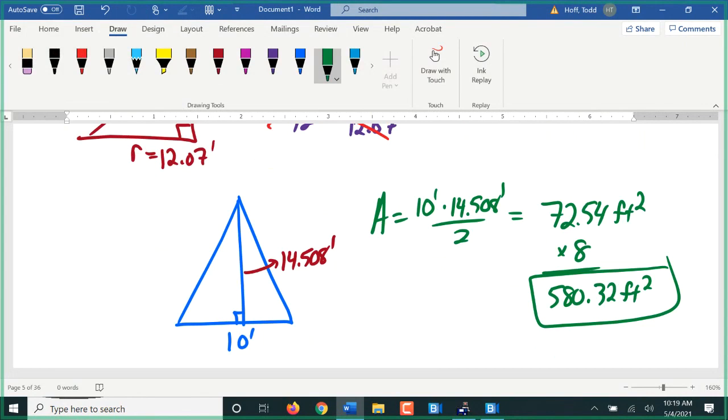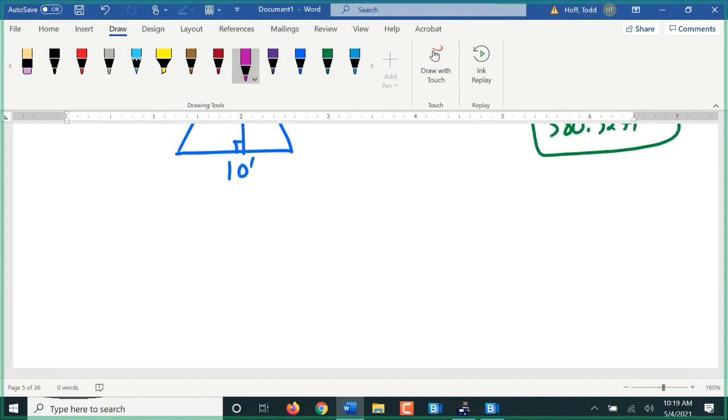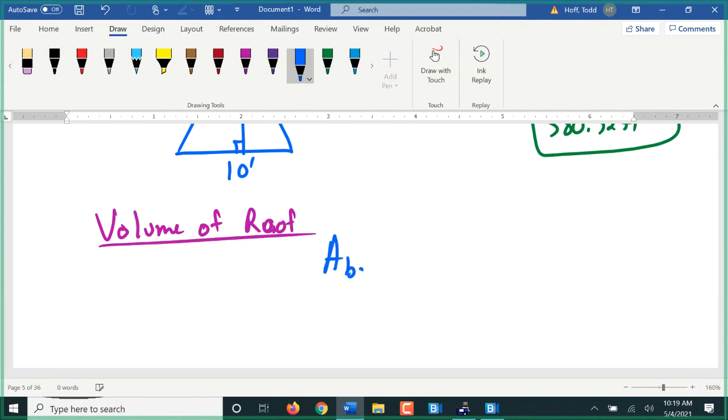Finding the volume of that roof would now be a little bit trickier. It is just a pyramid. We know the area of the base.